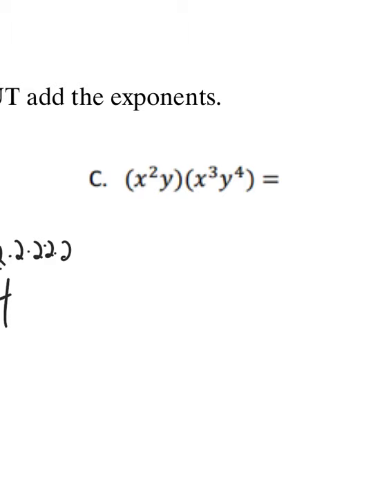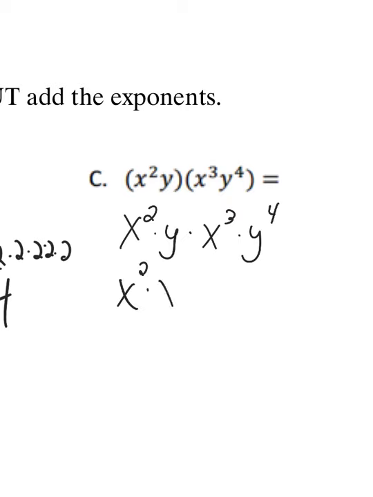C is a little bit more of a diverse type of question because you're not just looking at one type of power. You're looking at more than one. So I have x squared y times x cubed y to the 4th. I can change the order of this. Ultimately, if I were to write this out without parentheses and I put multiplication symbols in there, this is what we would be looking at.